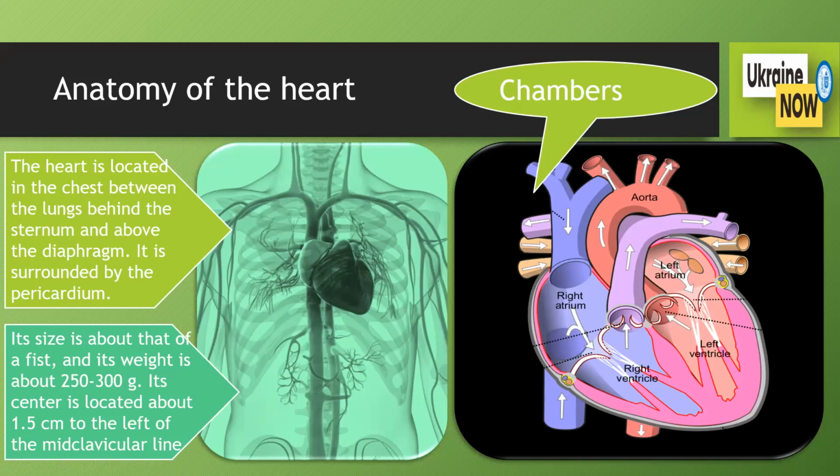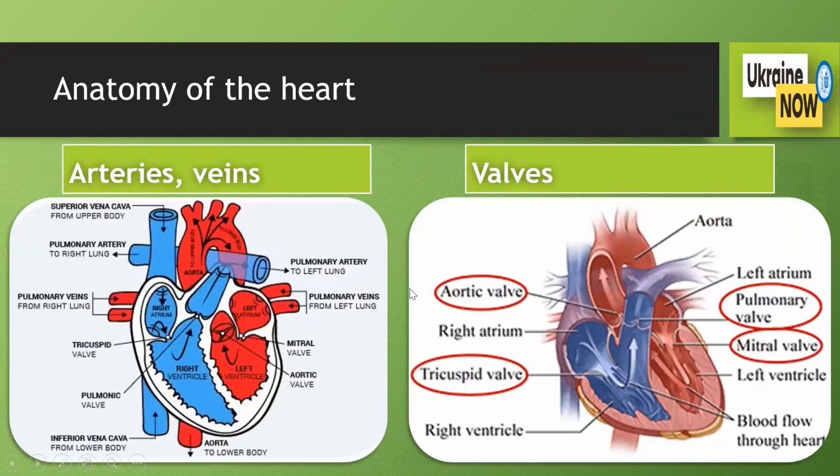The heart itself is made up of 4 chambers, 2 atria and 2 ventricles. There are a few main blood vessels which connect to different chambers of the heart: the aorta, the pulmonary trunk, the pulmonary veins, and the inferior and superior vena cava. There are 4 valves.